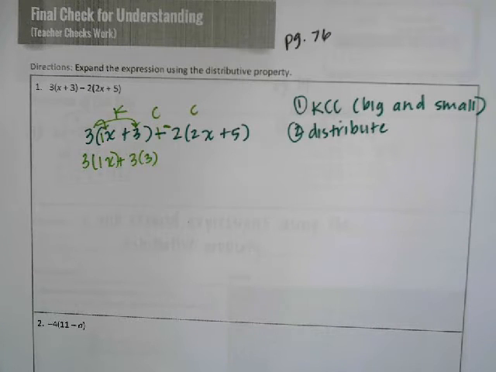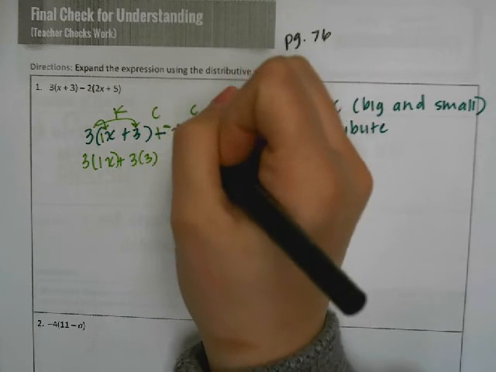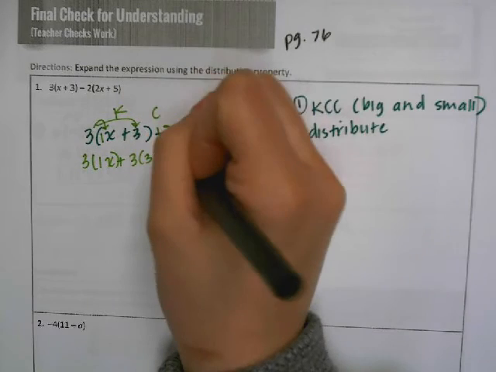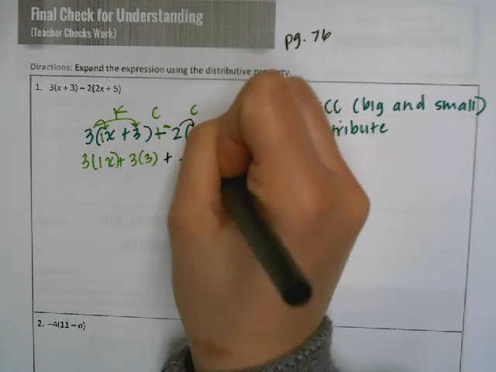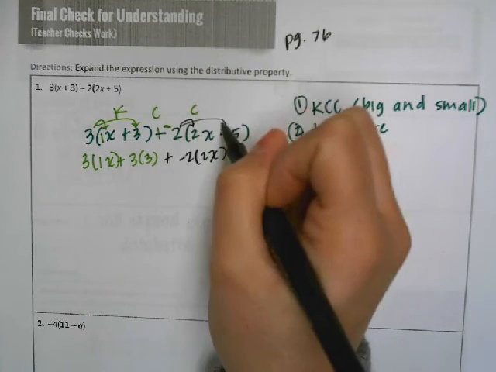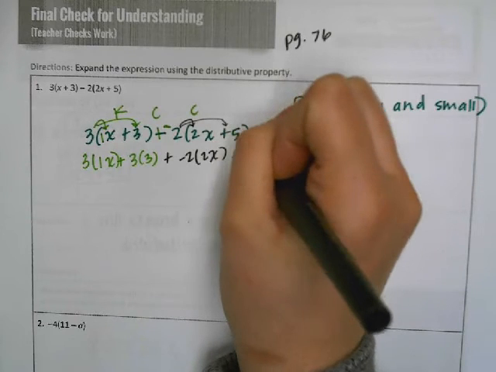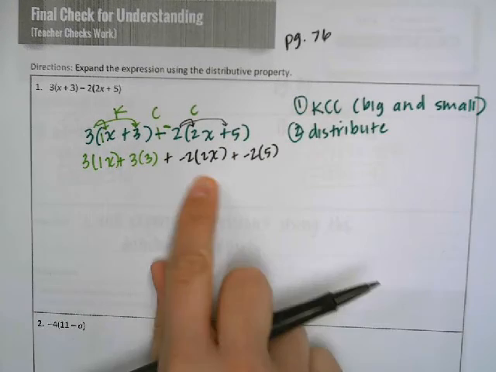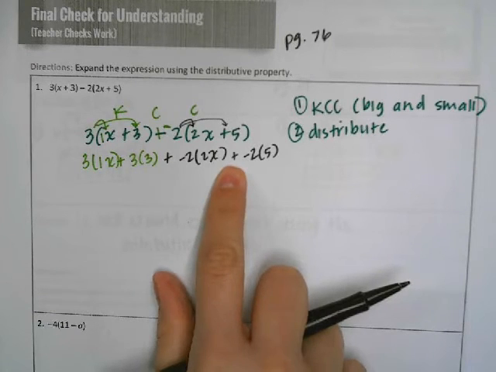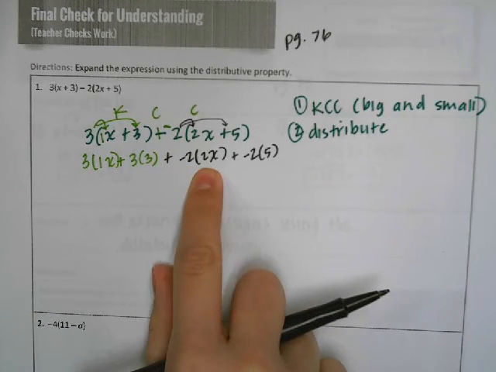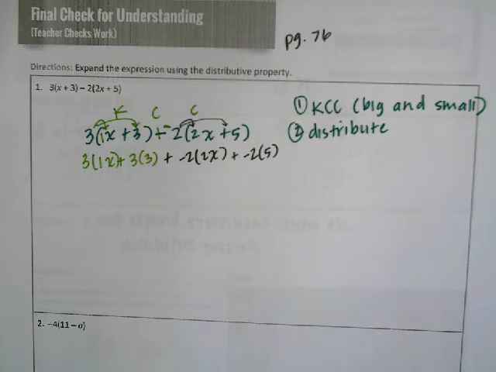And the next one, again, remember it's a negative 2 now, so a negative 2 times 2x and a negative 2 times 5. A lot of us, the mistake was with the parentheses. We were adding the -2 plus 2x, which is not the right way to distribute. So now let's multiply.